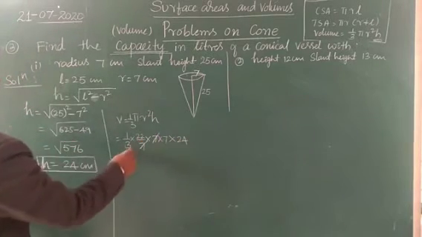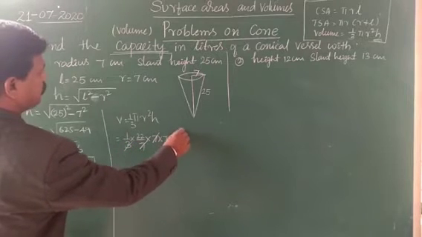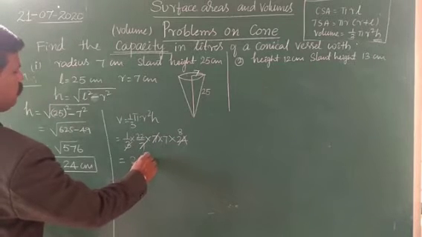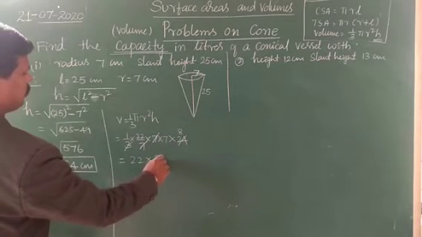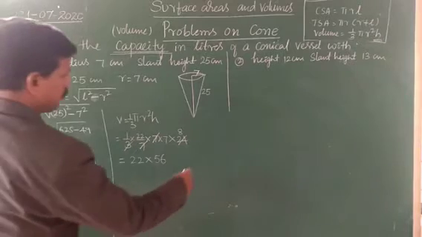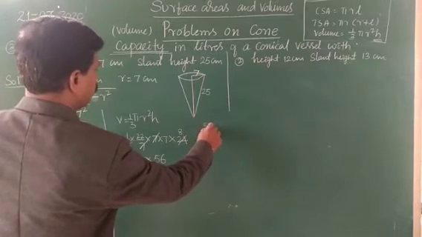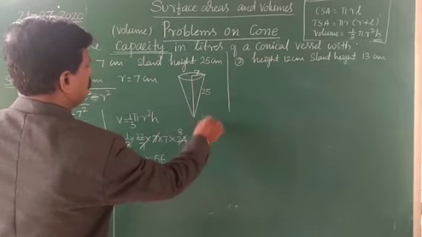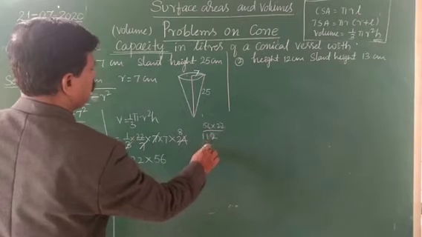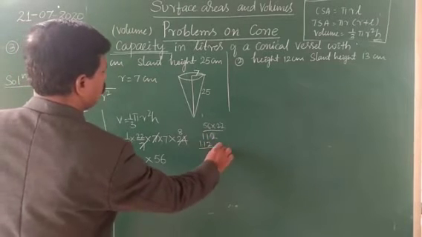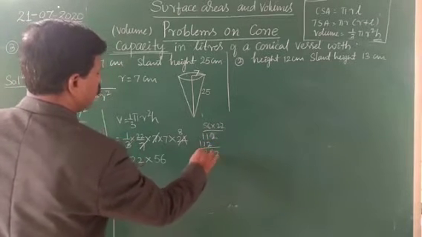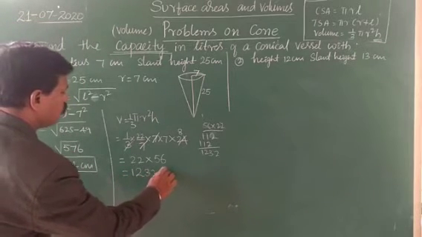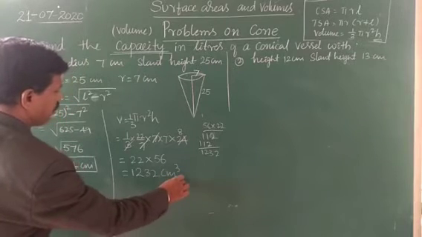Now 7 cancel, 3 eights are 24. So this is 22 into 56. Multiplying 56 by 22: 2 6s are 12, carry 1, 2 5s are 10 plus 1, 11. So this is 1232 cubic centimeter.